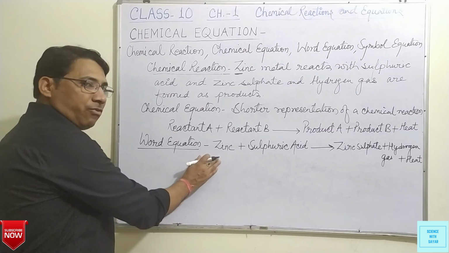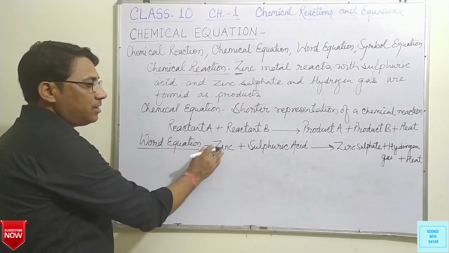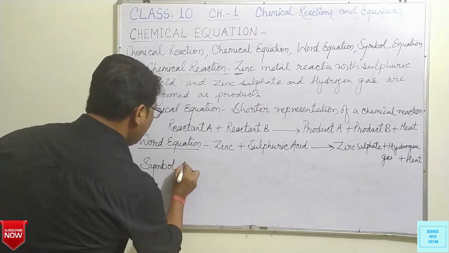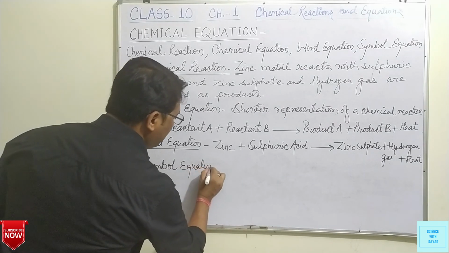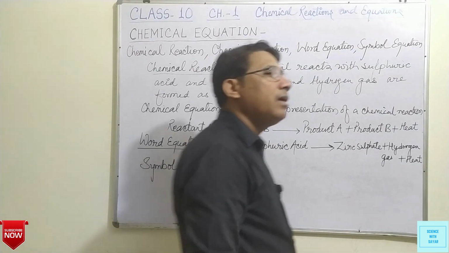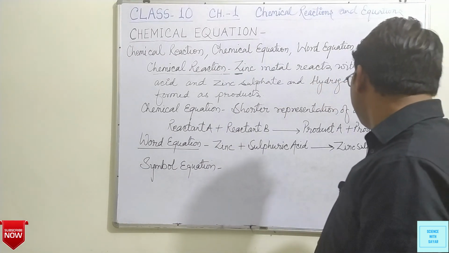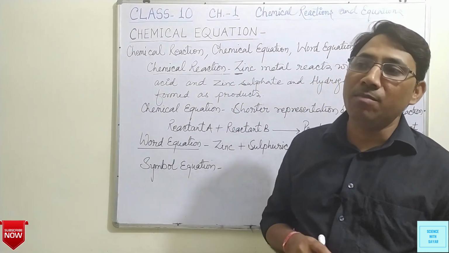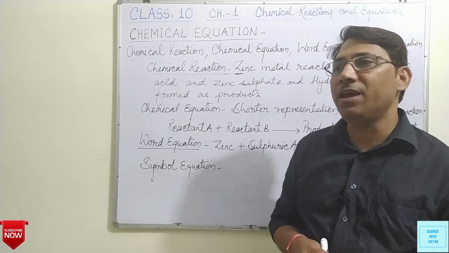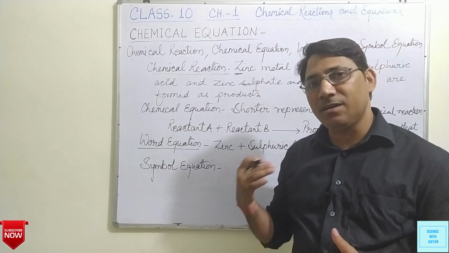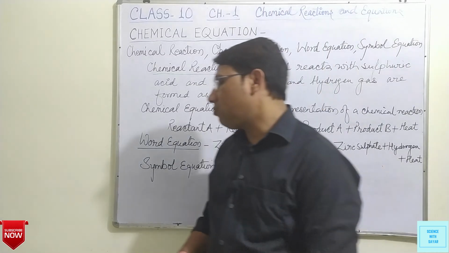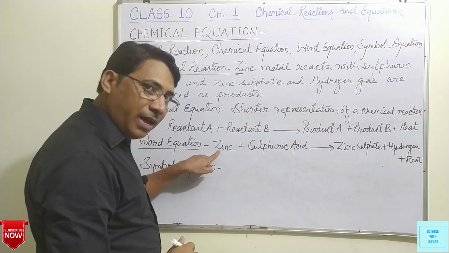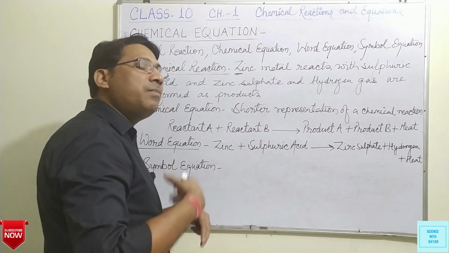So this is word equation, and we can write it as symbol equation or symbolic equation. And in symbol equation we write the chemical symbols and chemical formulae of the reactant elements or compounds. So in this reaction, zinc is an element. It is in elemental form.